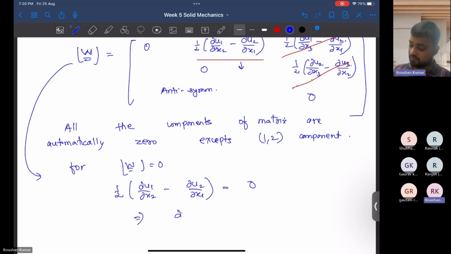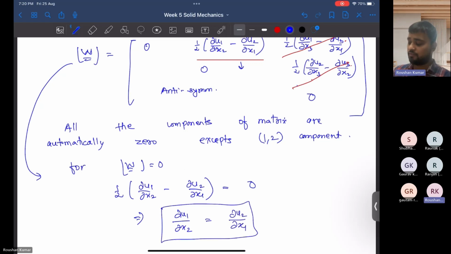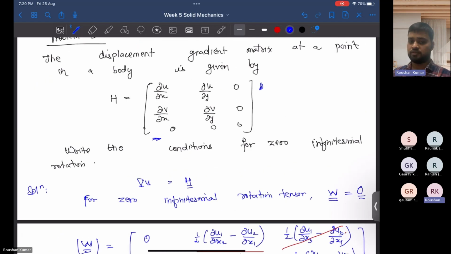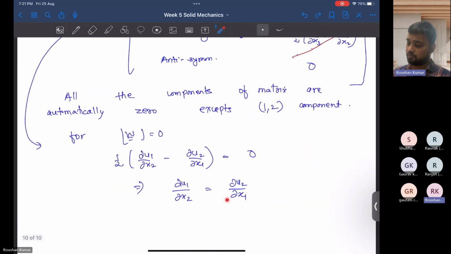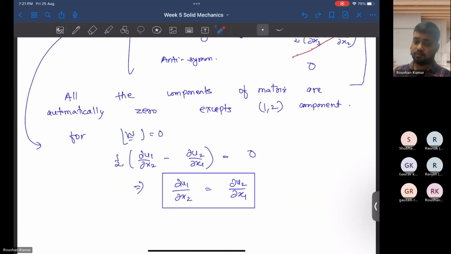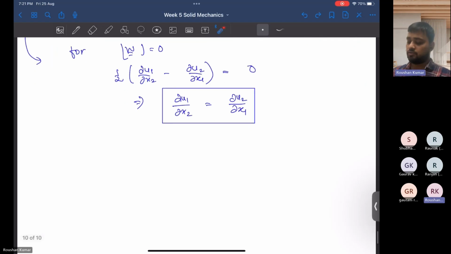From this we can say that del u1 over del x2 equals del u2 over del x1. This is the condition for zero infinitesimal rotation tensor. The question is asking for the condition, so we write it here. Now move on to the next question, problem number 6.